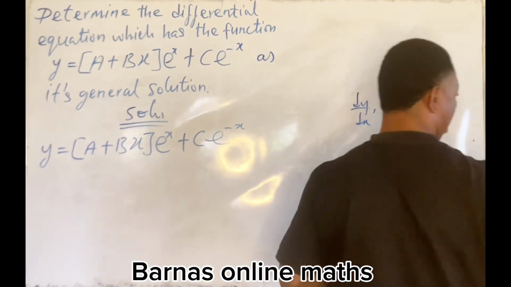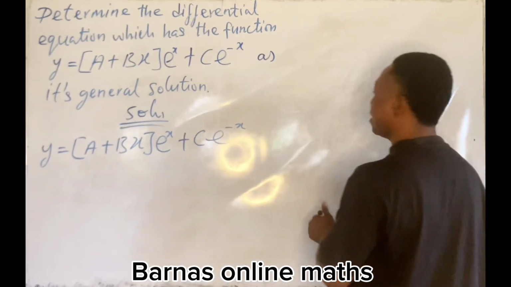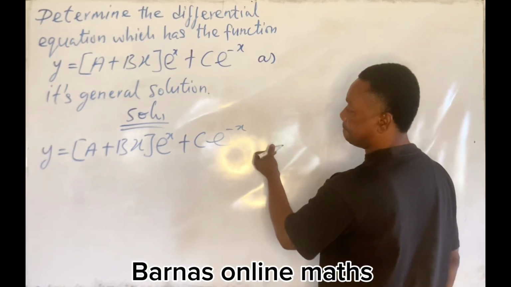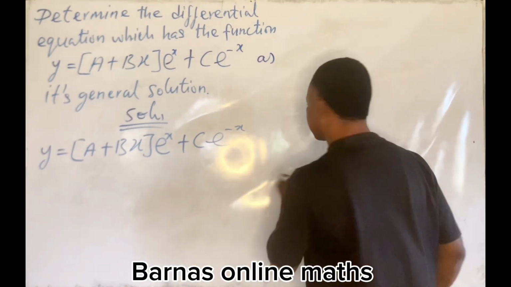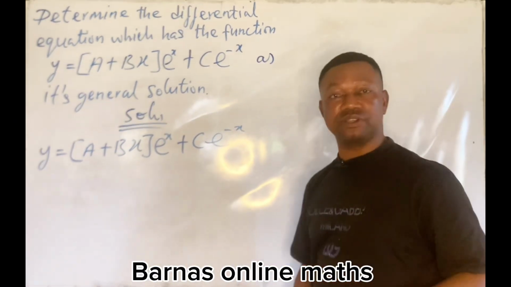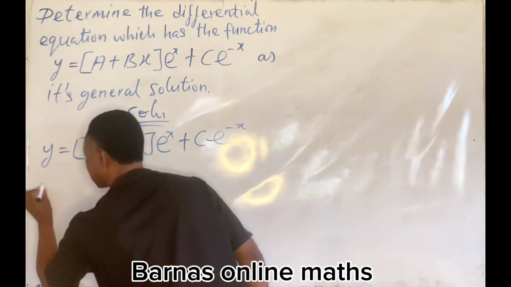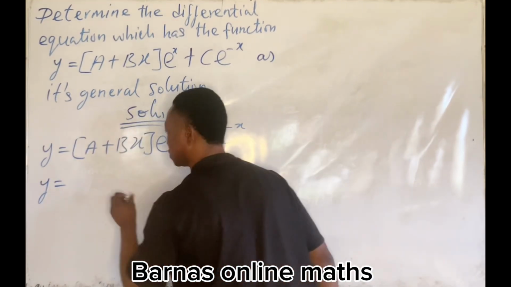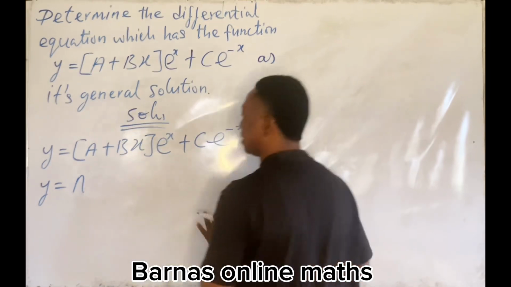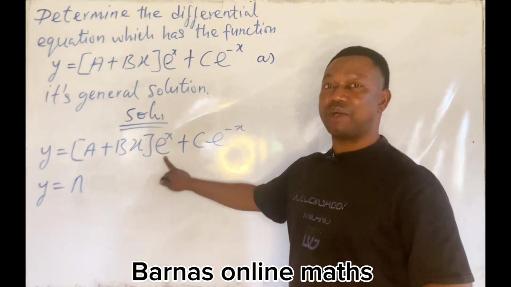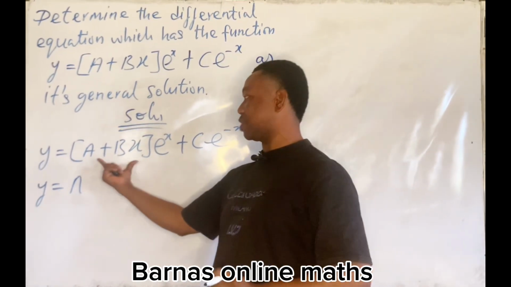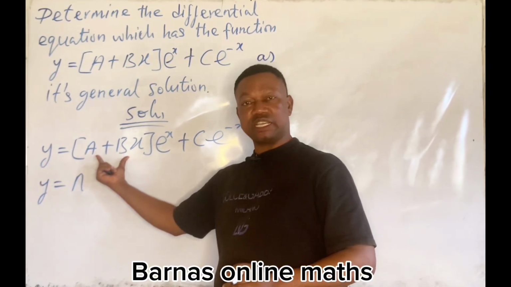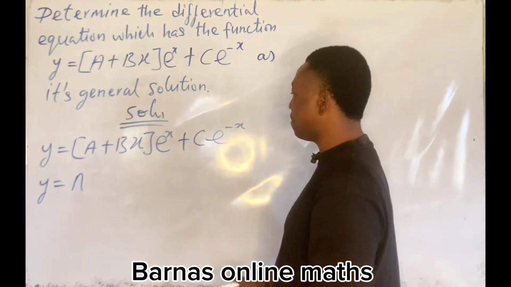Of course, let's open this bracket first. That becomes y equals, remember the exponential function outside the bracket will multiply the two terms inside the bracket.